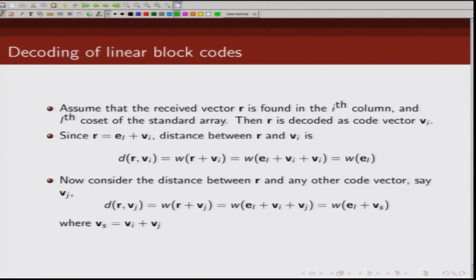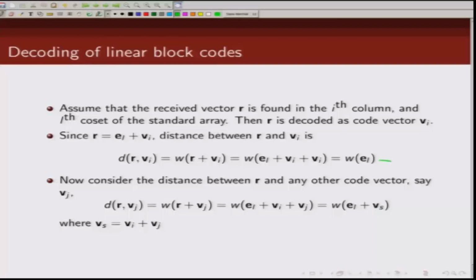So, what have we done so far? We found out that the Hamming distance between the received code word and this code vector Vi is given by this, and Hamming distance between received code word and any other code word which is not Vi is basically given by this. Now, El and El plus Vs are going to be the elements in the same coset, right?